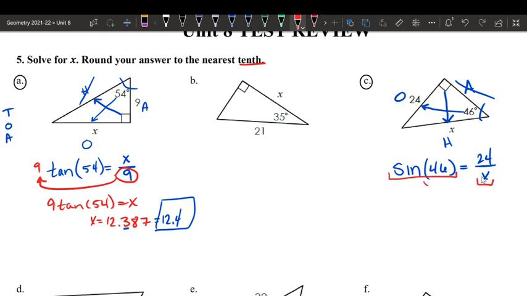You do that by multiplying both sides by X and then dividing both sides by the sine of 46 degrees. But in the end, what happens when X is in the bottom, they trade places. So X equals 24 divided by the sine of 46.